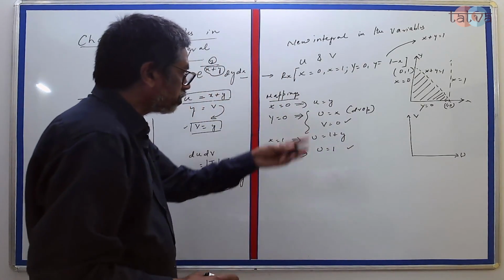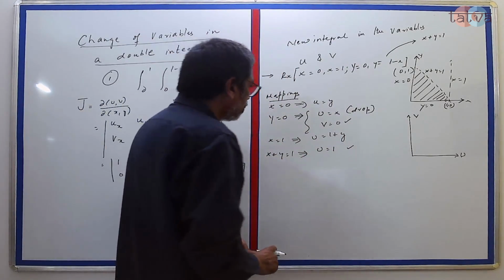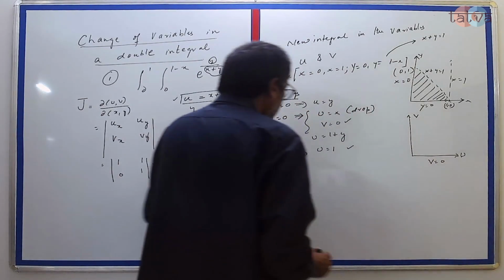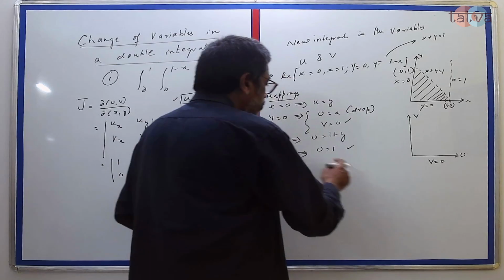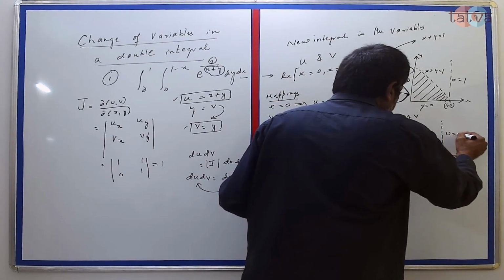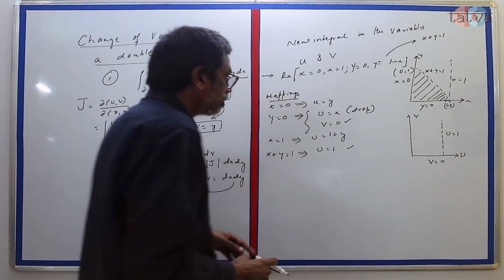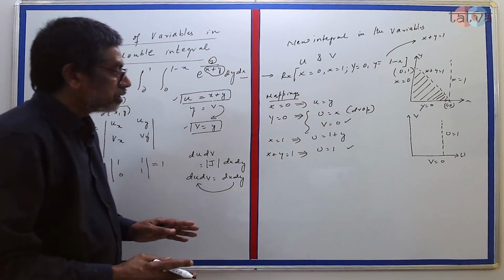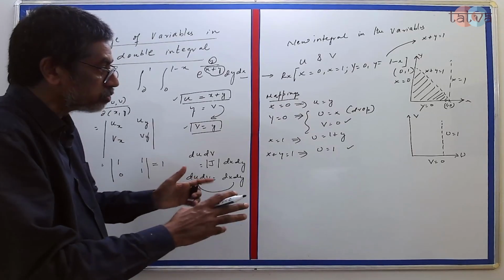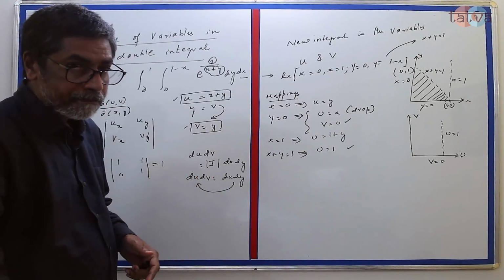So let me put it on the graph paper. V is equal to 0 is this axis, and then I have u is equal to 1, which is that. Then I need something that will make the region complete. I'm going to explain how that can be done.